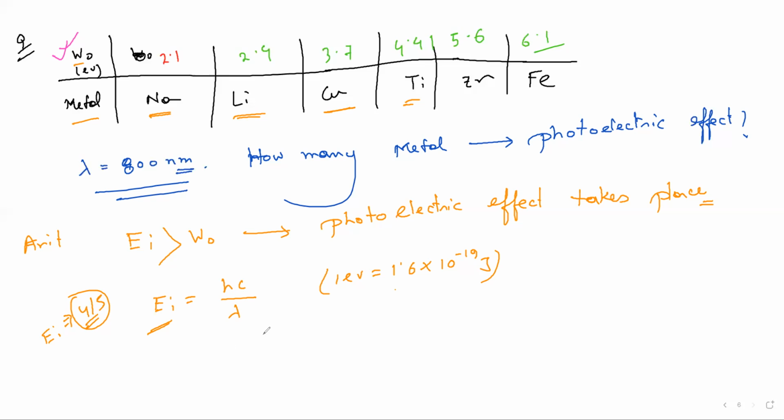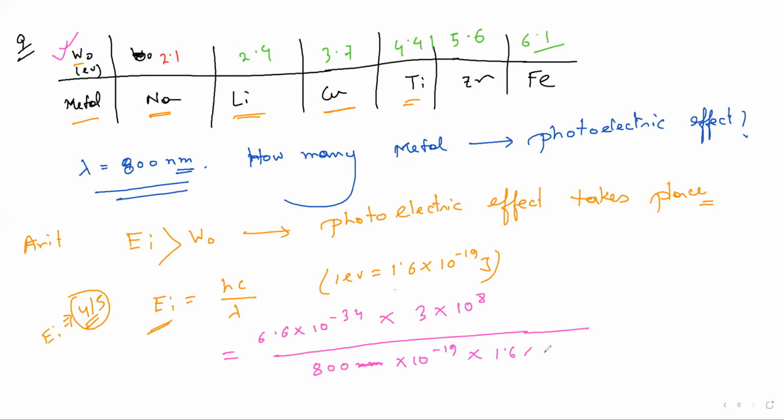Completed. h is 6.6 into 10 to the power minus 34. c is 3 into 10 to the power 8 meter per second. Lambda is given as 800 nanometer, that is 10 to the power minus 9 for nanometer to meter, and 1.6 into 10 to the power minus 19. So this is 4, 200.